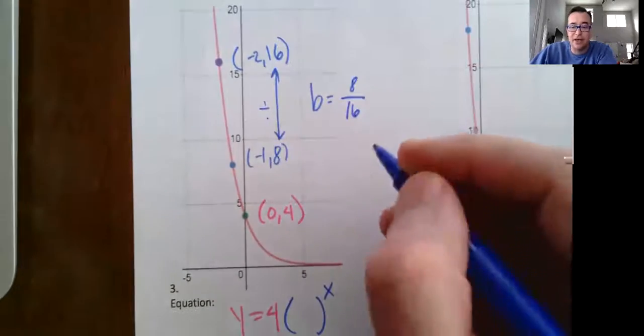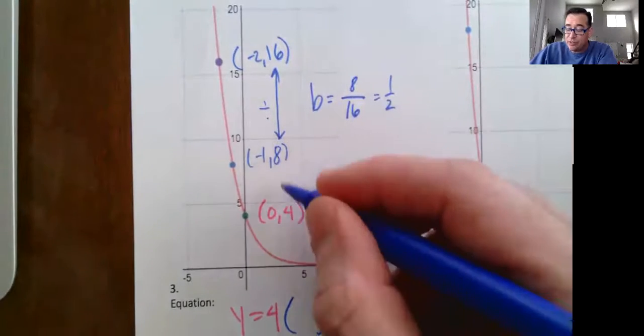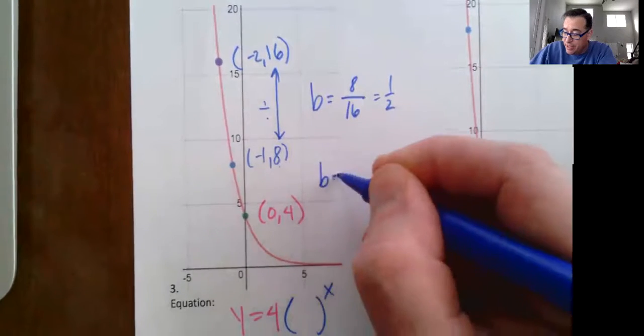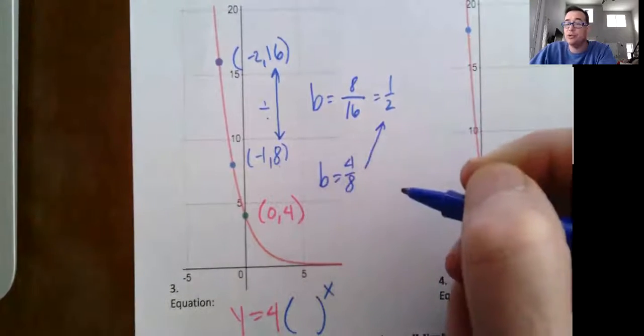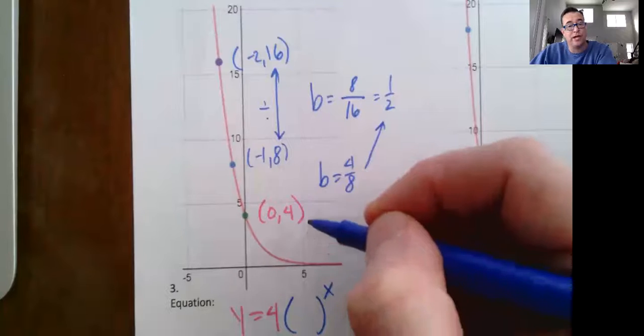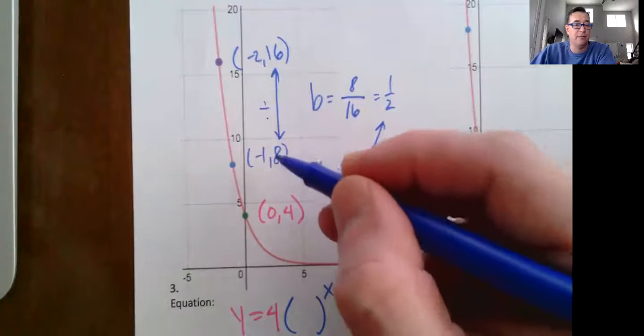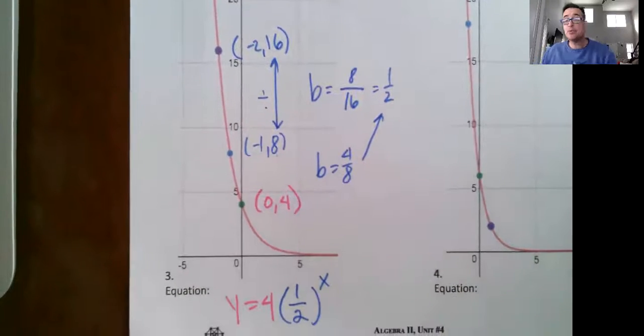That reduces to 1 over 2. I can do the same thing with these two to see that b is going to equal 4 over 8, which also reduces to 1 over 2. Whenever you set these up, you take the one on the right divided by the one on the left, so 4 divided by 8 or 8 divided by 16. Our fraction here is going to be 1/2 to the x power.